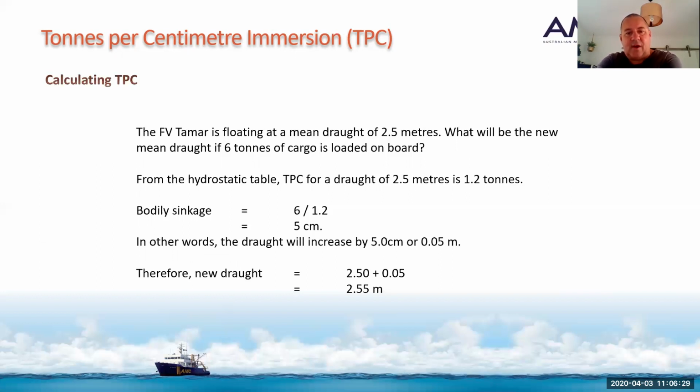In other words, the draft will increase by 5.0 centimetres or 0.05 metres. I think the second one's the most important one, at 0.05, because you can get mixed up if you put down 5 centimetres. So therefore, the new draft, we were at 2.50 metres, and then we added 5 centimetres or 0.05, and our final draft is 2.55 metres.